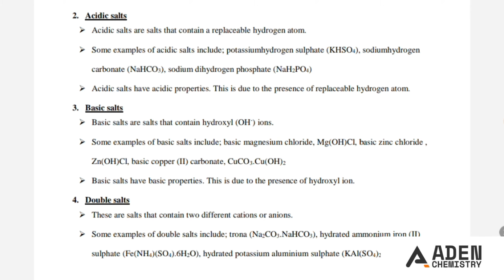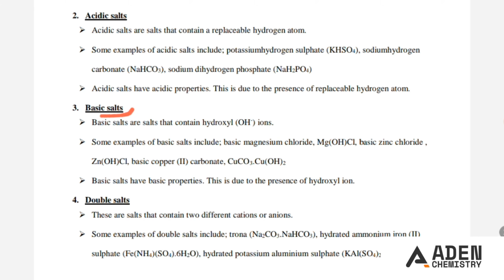Acidic salts have acidic properties, and this is due to the presence of a replaceable hydrogen atom. What we are saying is that when we take these acidic salts and dissolve them in water, they are going to have acidic properties.